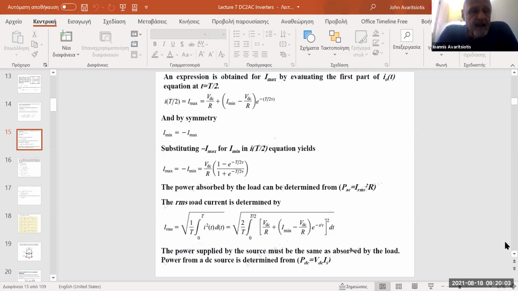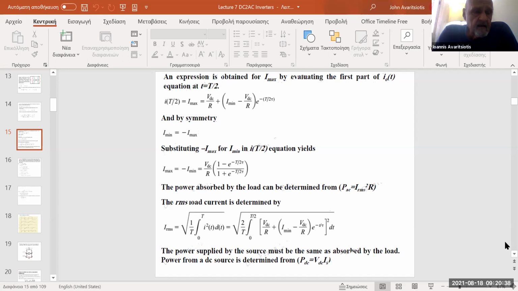And on the other hand, this power which has been absorbed by the load, of course, has been provided by the DC input power source with a voltage VDC appearing across its two leads. So we can calculate very simply the power which is supplied by the source.